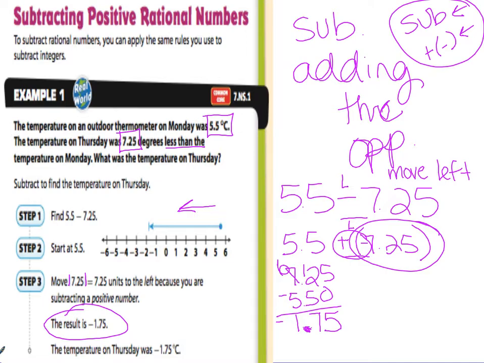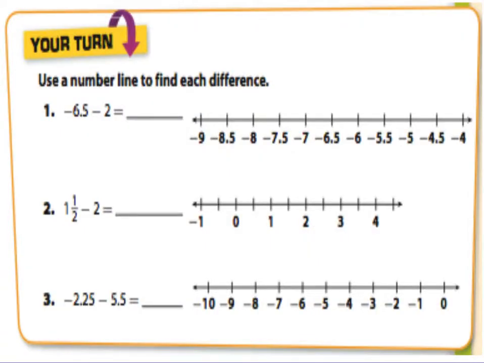Like I said, as long as what you're telling me to do mathematically is the same as what the original problem tells you to do, it's okay to change subtraction to addition because it's the same concept. In this subtraction problem, minus a positive tells me to move left. I also know that plus a negative tells me to move left.